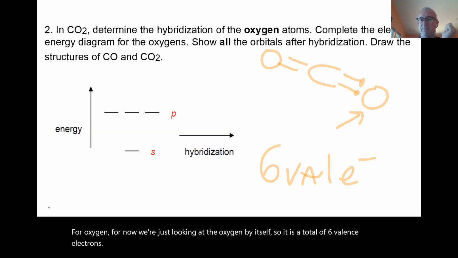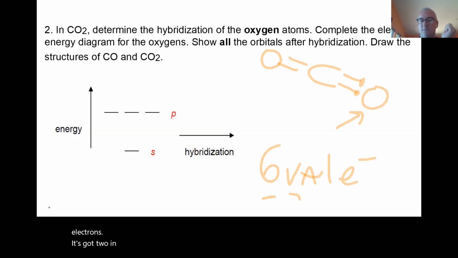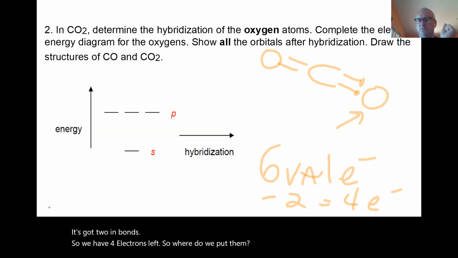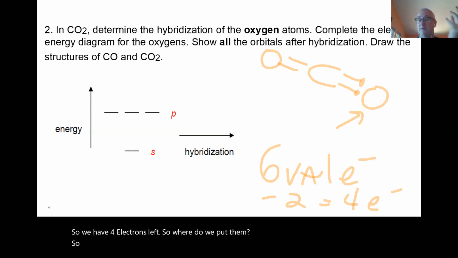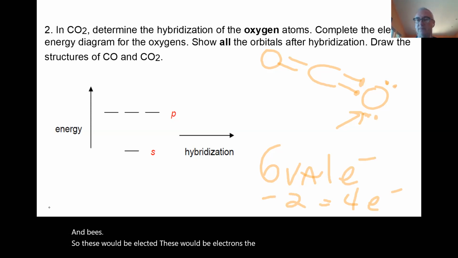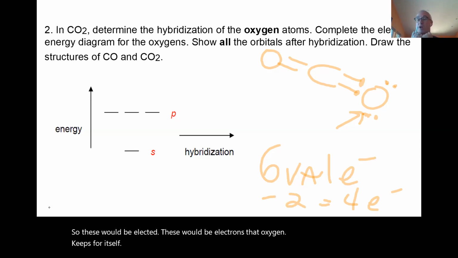It's got 2 in bonds. So we have 4 electrons left. So where do we put them? 2 on top and 2 on the bottom. Yeah, so basically they're lone pairs now, right? And these would be electrons that oxygen keeps for itself. So those belong to oxygen.